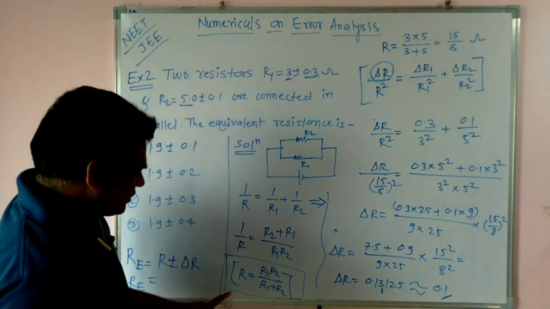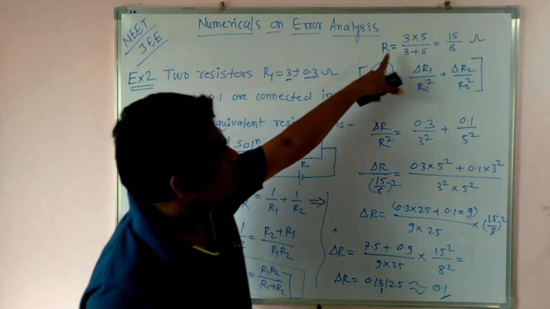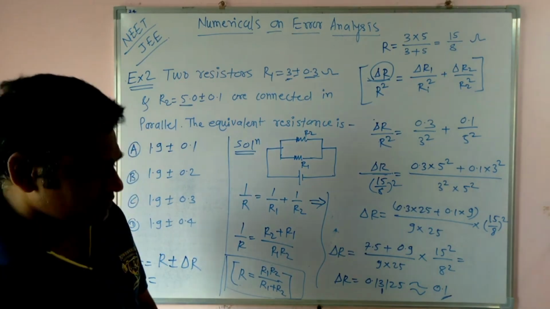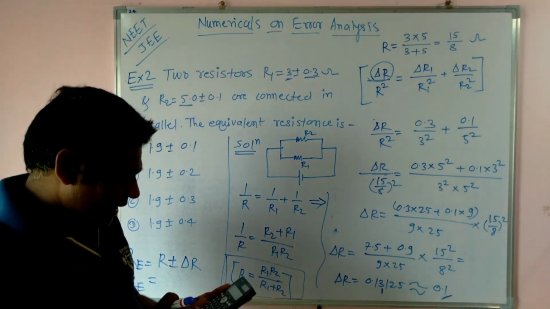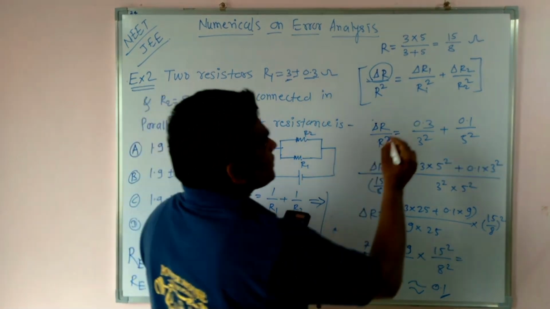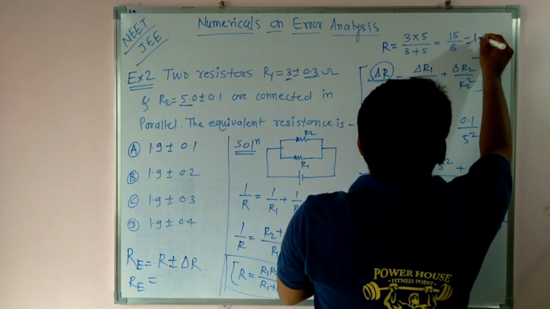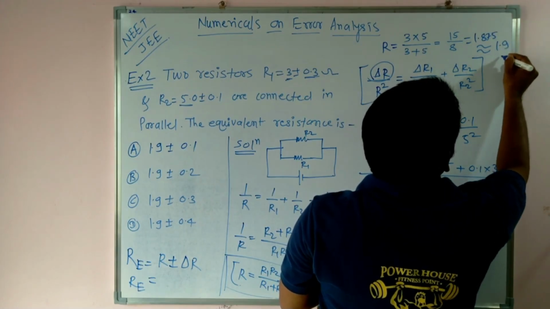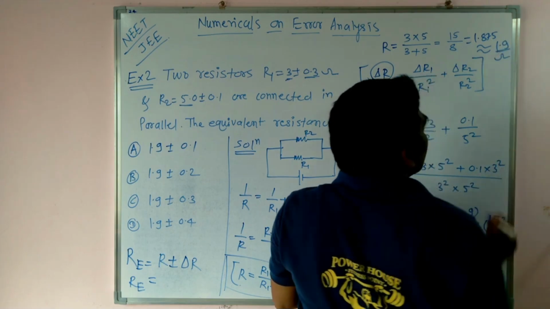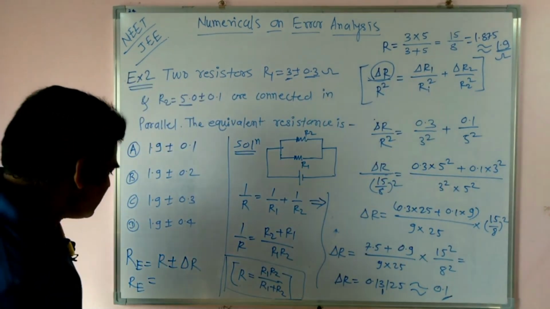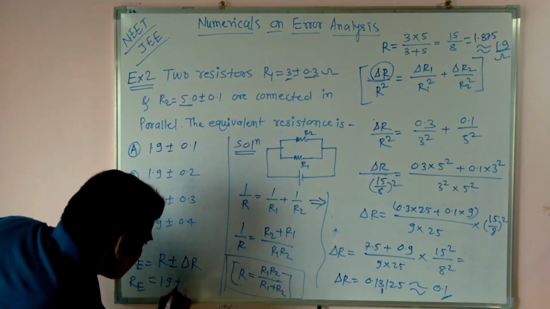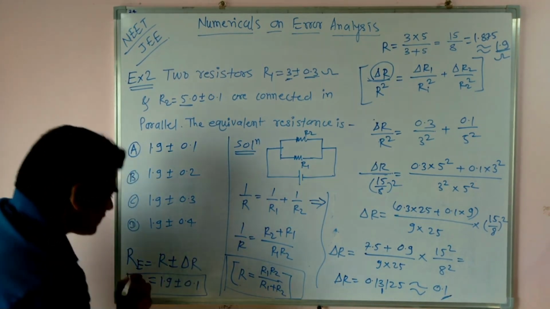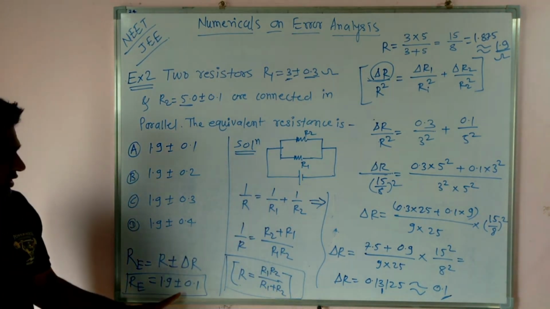This R we have calculated, 15 by 8. So 15 by 8 how much? 15 by 8 is 1.875. Approximately this is 1.9 ohm. Okay, 1.9 ohm. So this will be 1.9 plus or minus 0.1. So this is the answer.